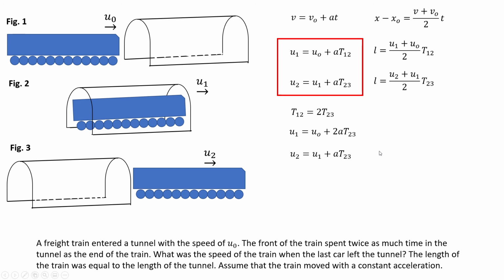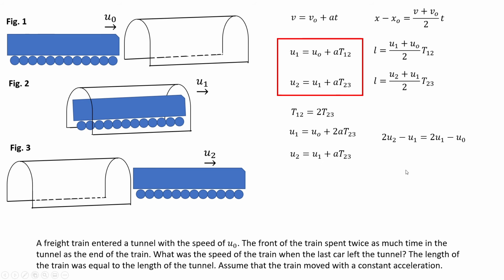Now what we're going to do, we're going to multiply the second equation by 2, and then we take that equation and subtract the first equation from that equation, okay? So on the left, as you see, we're going to get 2u1 minus 2u2 minus u1. Now, on the right, we're going to have 2u1 minus u naught, and the last term is going to cancel.